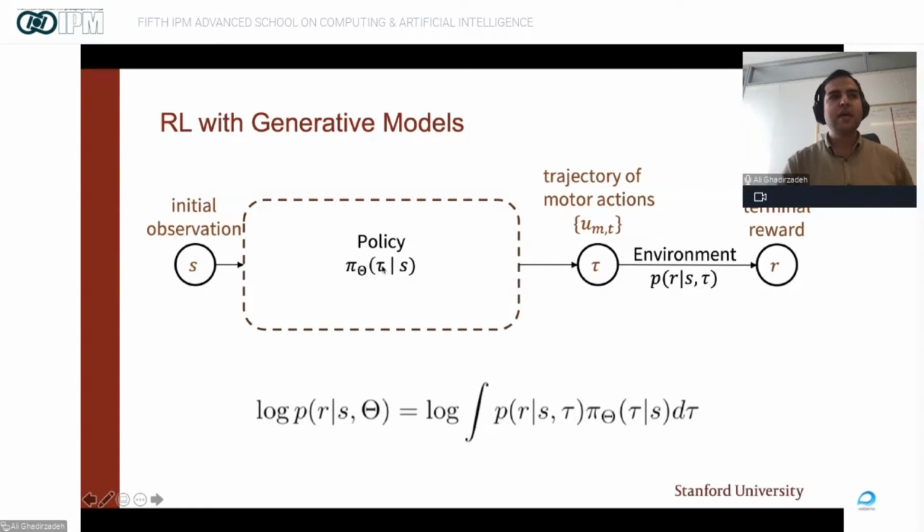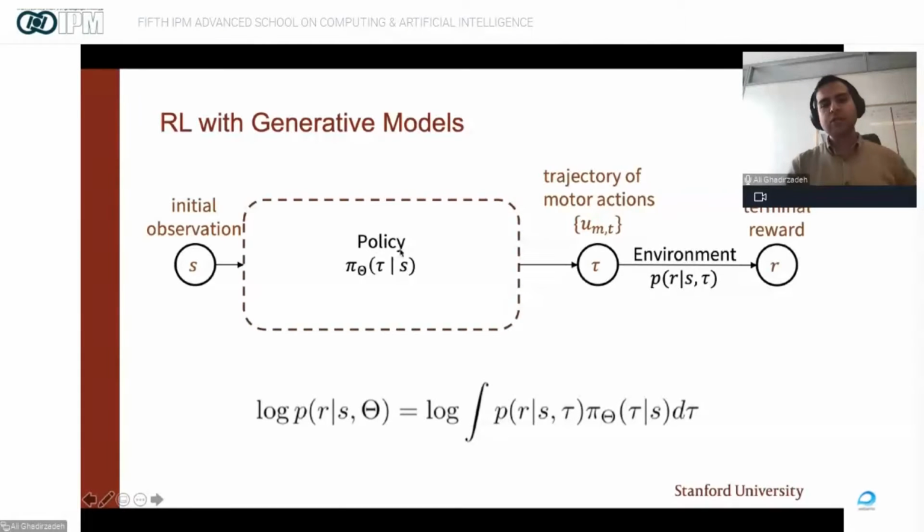Here, our action is not only a one-time-step action, but the entire trajectory of motor actions. For example, if you want to throw an object, it's not only about the next time step, but a trajectory over, let's say, 3-4 seconds of motor actions that will result in the throw.